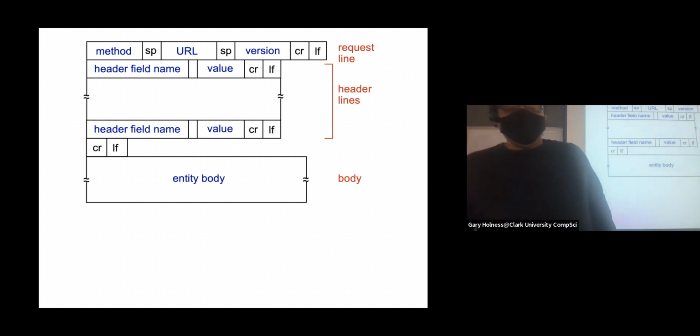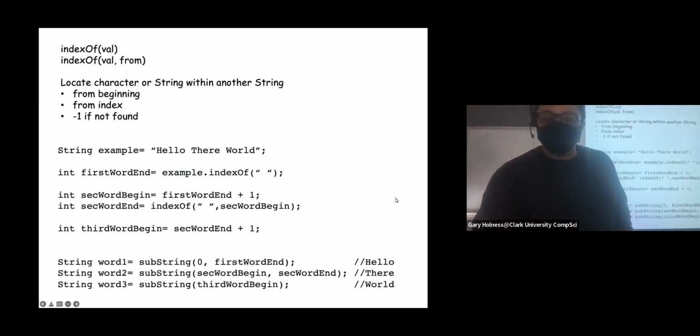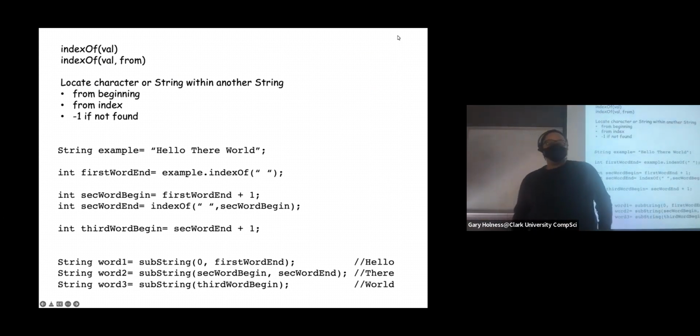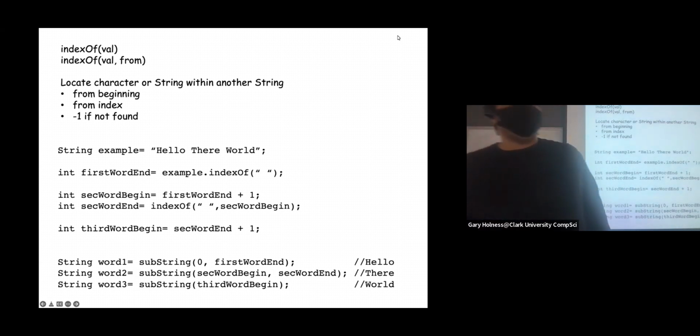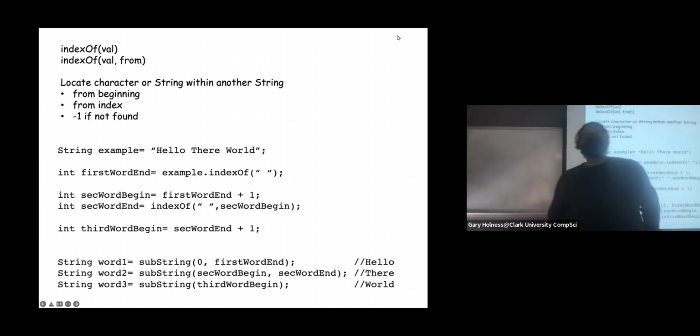Then we also talked about useful routines to help you in parsing strings, one of which is indexOf, and we said there were two versions, one that takes the value, which is a character, and the other that takes a value and a starting location.